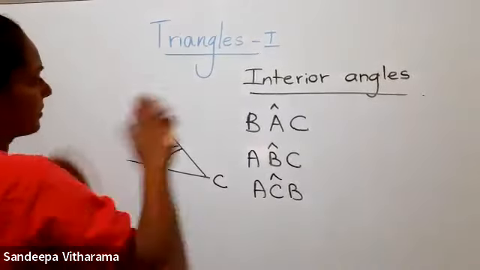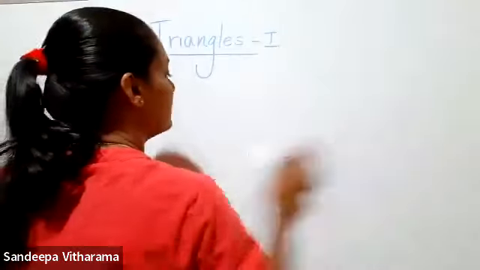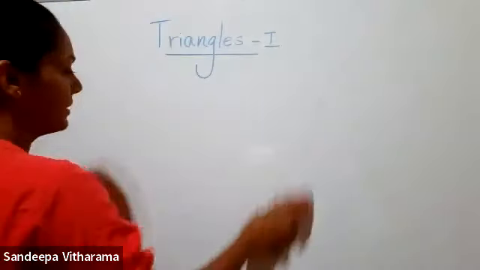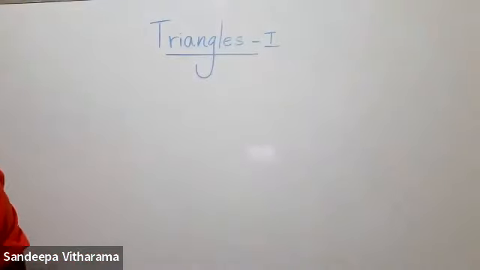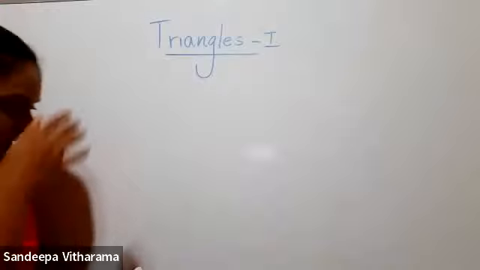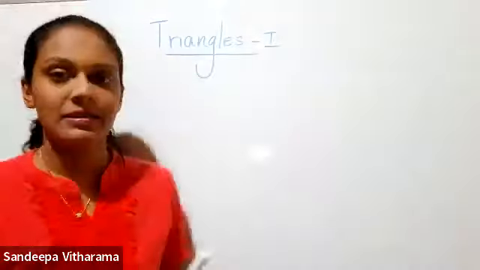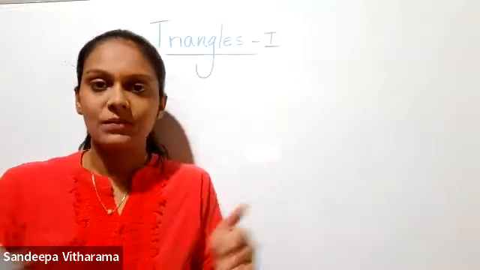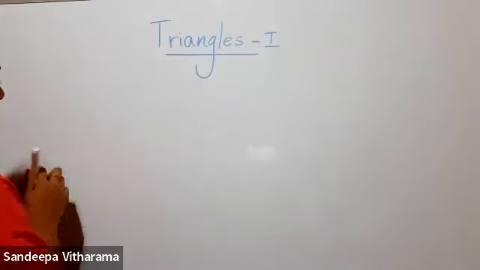We need to have information related to exterior angles. In such cases, most of the time in the question, it is given that the exterior angles are formed by producing one side of a triangle. Okay, it happens like this.